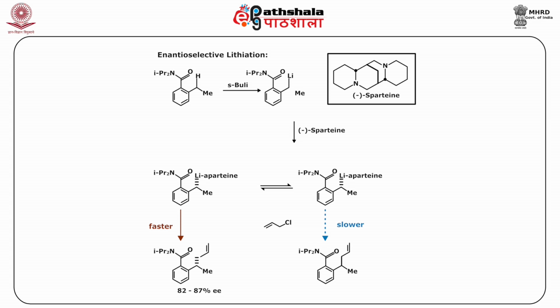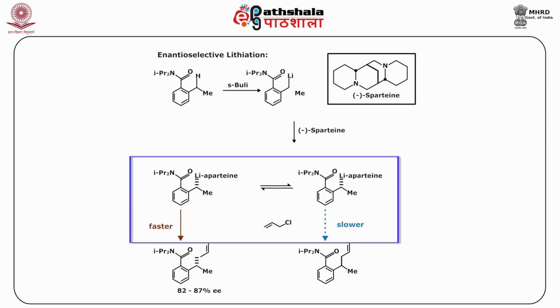This is an example of dynamic kinetic resolution in which, on reaction with the electrophile, the two enantiomeric lithium complexes are equilibrating during the course of reaction. Because the sparteine is chiral, these two complexes are diastereomeric and have different properties. As we can see, the products are obtained in two different concentrations.